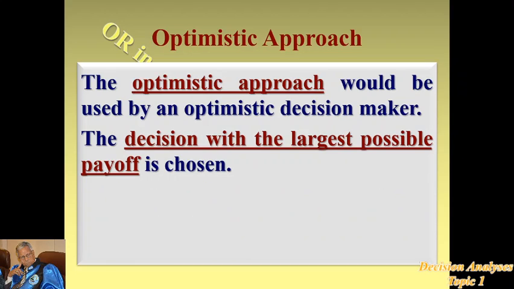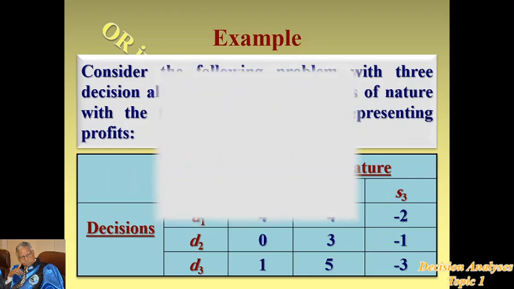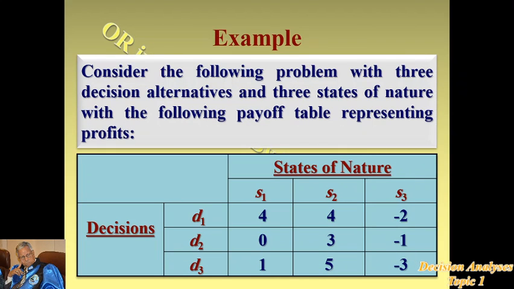Referring to our table, the optimistic decision maker will differentiate, for decision alternative number 1, between 4 and minus 2. He is an optimistic person. Which payoff will he select?